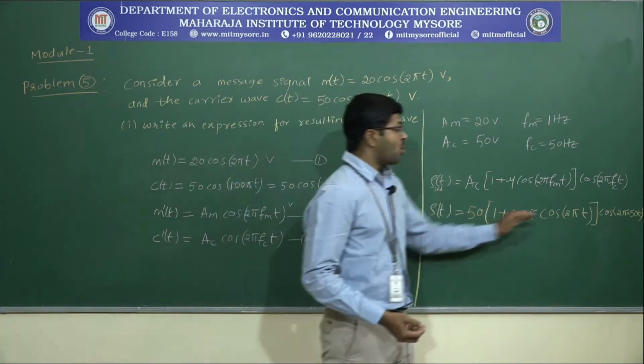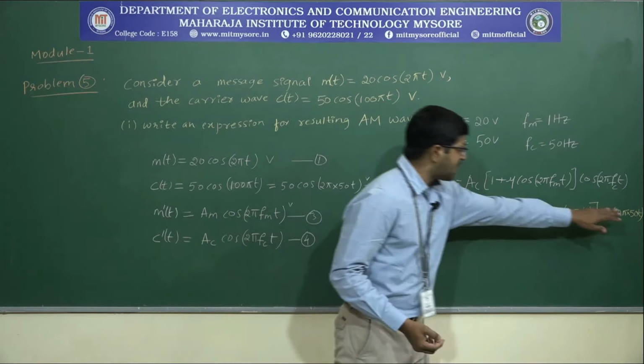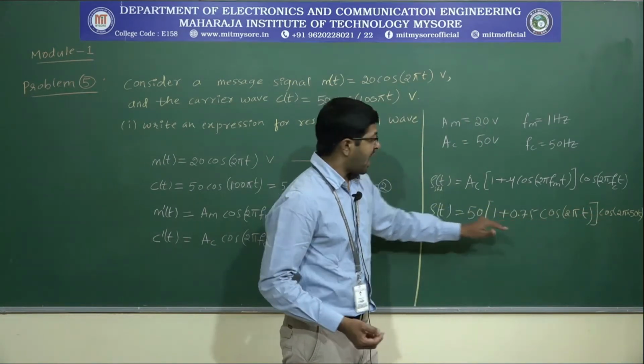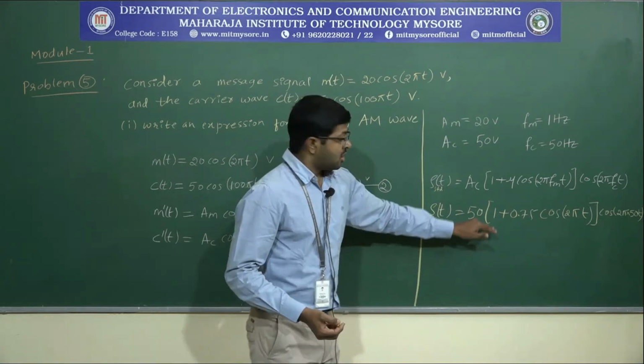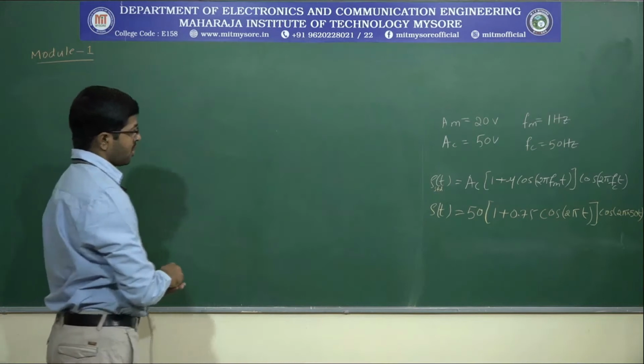But here we have the product term. That's why we have to multiply this cos inside the brackets and simplify the equation so as to get the expression for the AM wave.